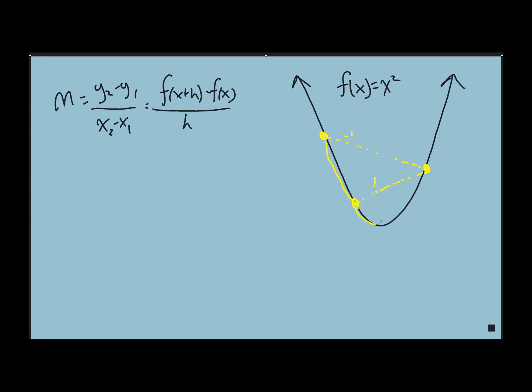As I move closer and closer, what if I put a point here and draw a line? This is going to be more like positive 4. We're already getting pretty close. But if I bring that extra point real close to right here, and I draw a line, this is going to be like 4.8.